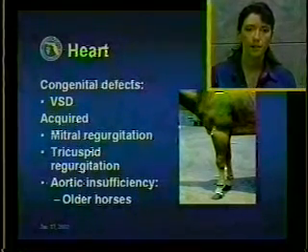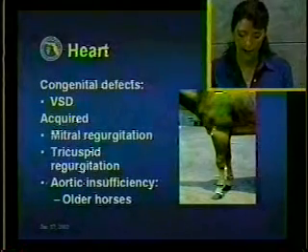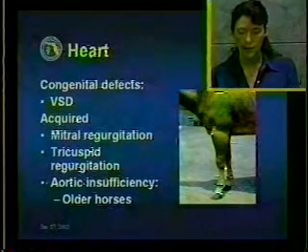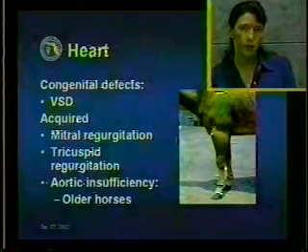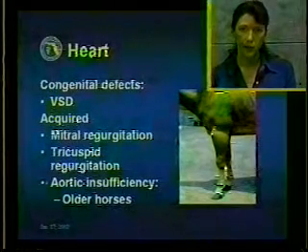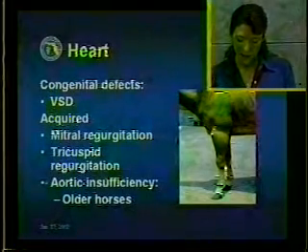Acquired conditions that affect the valves in horses can affect the mitral valve, and in cases of bacterial endocarditis, the valves can become deformed to the point where they become incompetent.